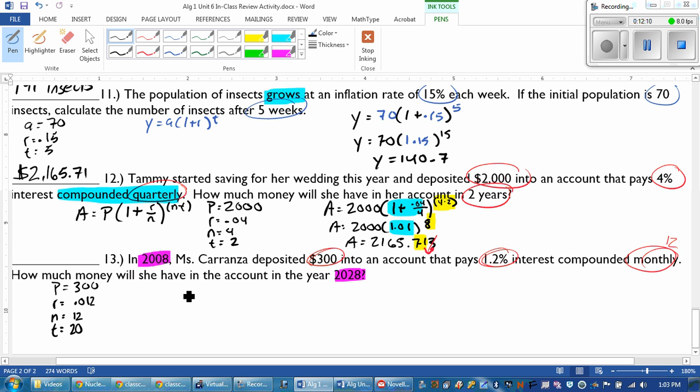Okay, so let's plug everything in. We got 300 times 1 plus 0.012 divided by 12. And then up at the top, we have n times t, so we have 12 times 20. All right, let's do that center part.